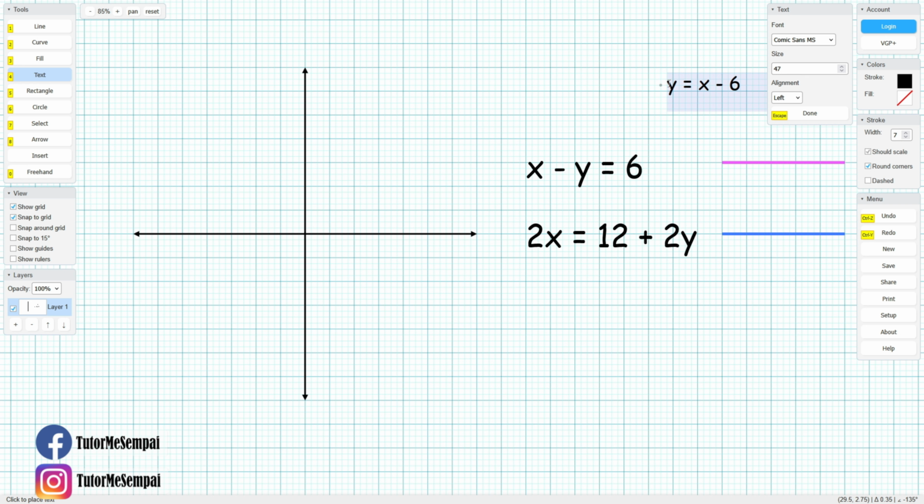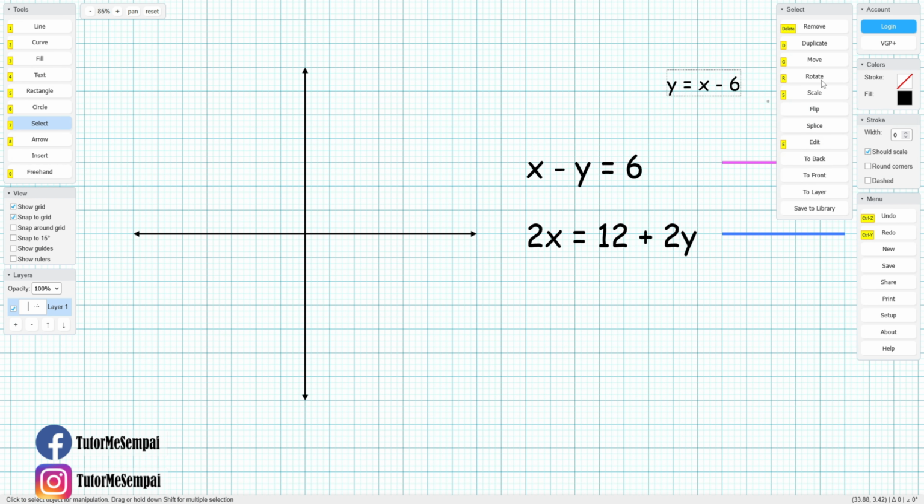That's what our graph would be. So when we solve for y, essentially get y by itself, this x minus y equals 6 turns into y equals x minus 6.